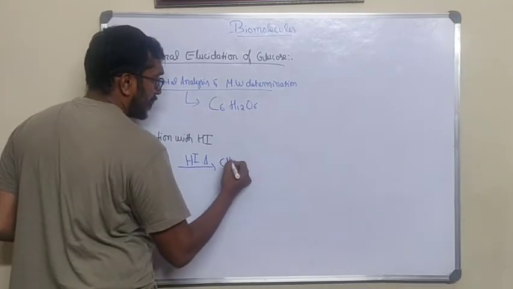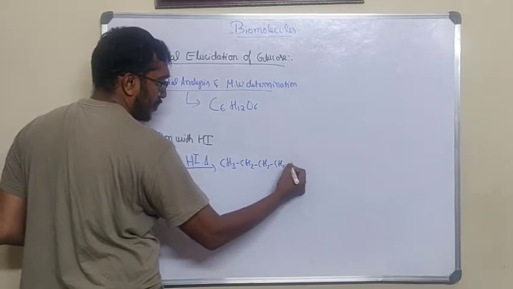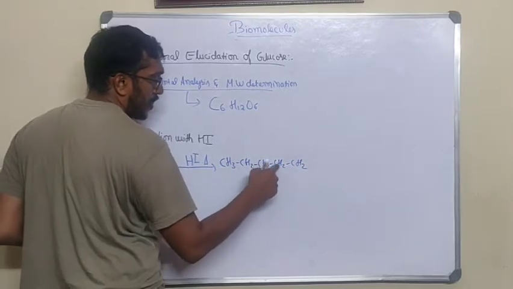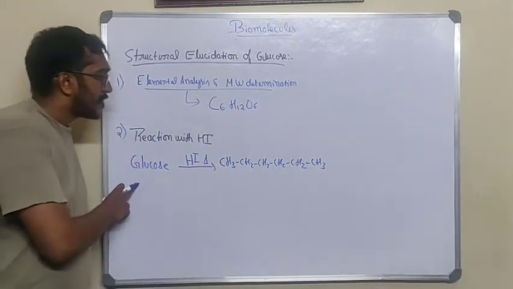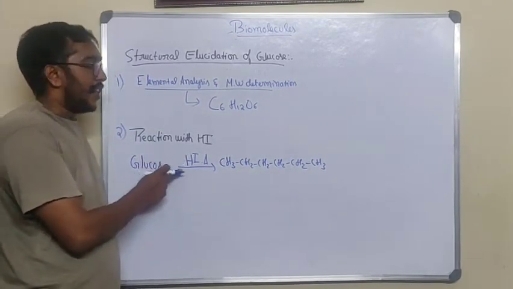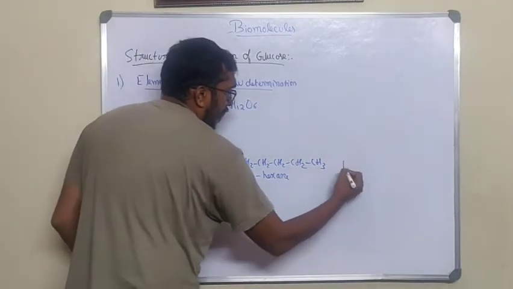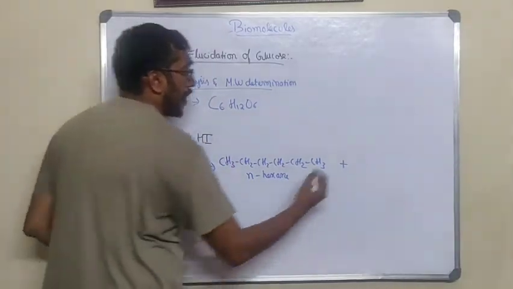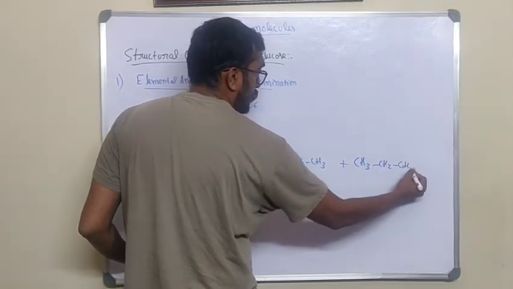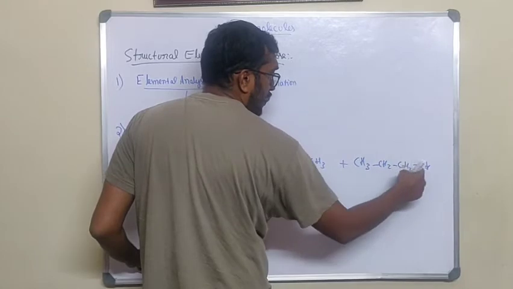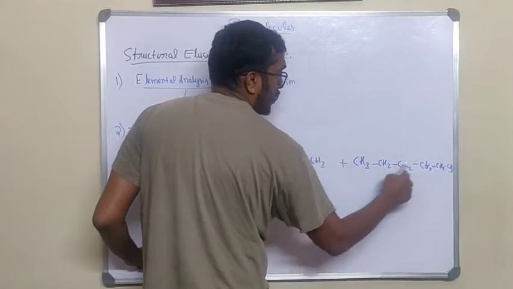CH3, CH2, CH2, CH2, CH2, CH3. So when glucose is treated with hydrogen iodide, it will give n-hexane, and it is also going to give one more product along with this: CH3, CH2, CH2, CH2, CH, CH3, with iodine attached. Carbons 1, 2, 3, 4, 5, 6.